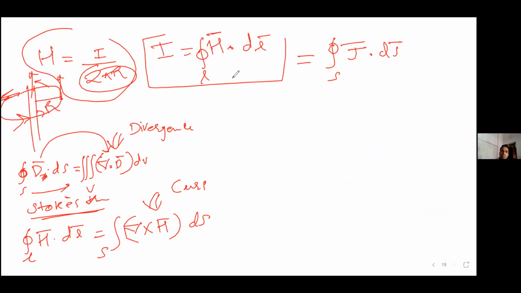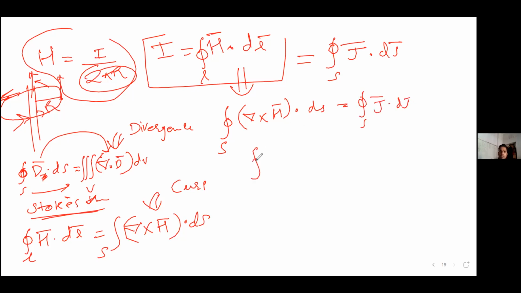I can extend this by using Stokes theorem to the closed surface integral of del cross H bar dot ds bar, which is equal to the surface integral of J bar dot ds bar.